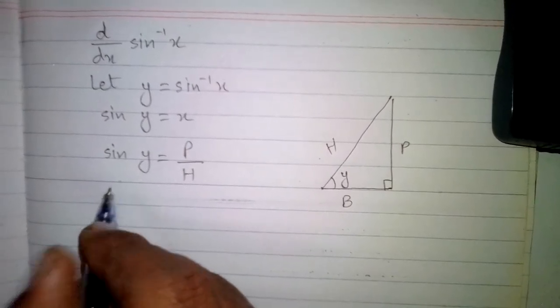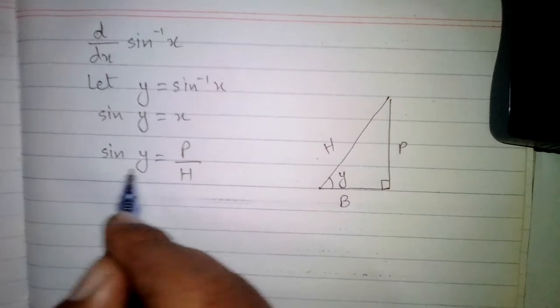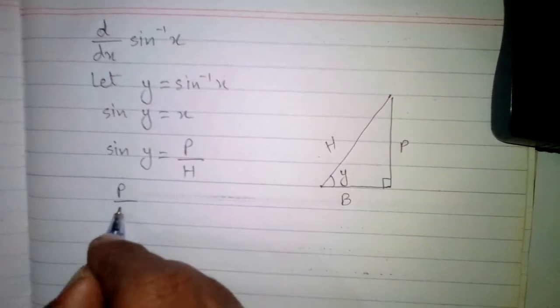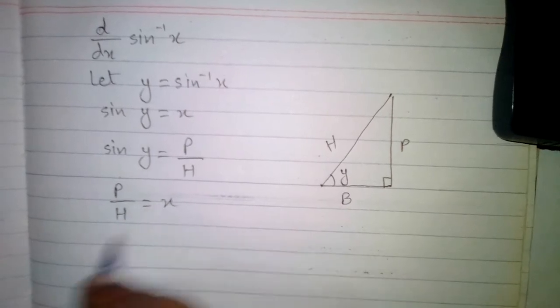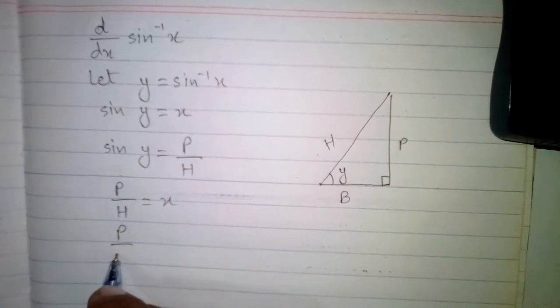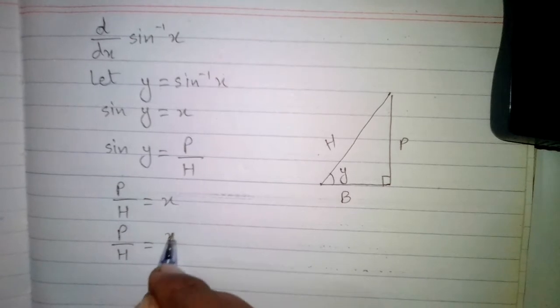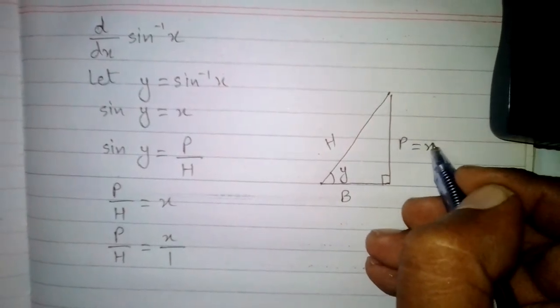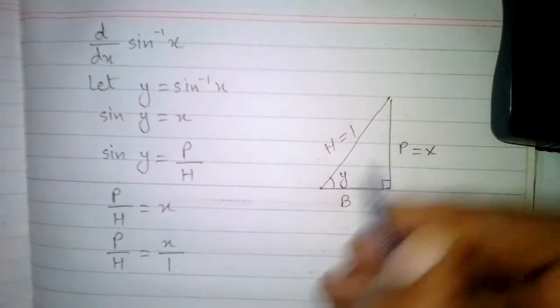Now we can see that sine y is equal to x and sine y is equal to perpendicular upon hypotenuse. So we have perpendicular upon hypotenuse is equal to x, or we can write perpendicular upon hypotenuse is x upon 1. So we can say that perpendicular is x and hypotenuse is 1.